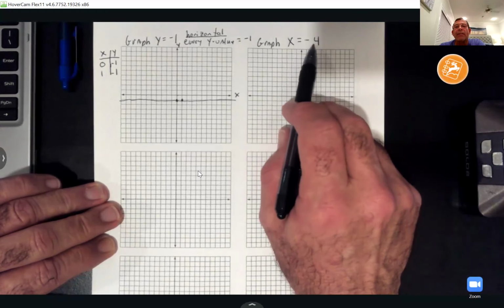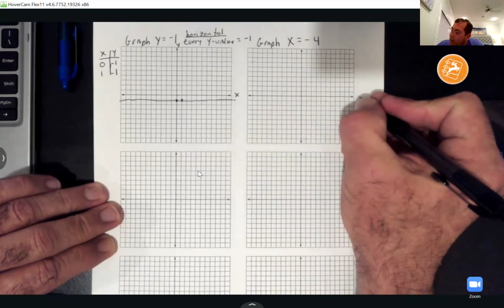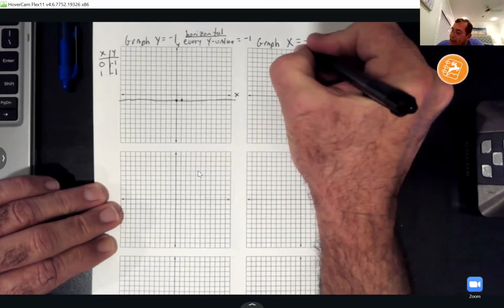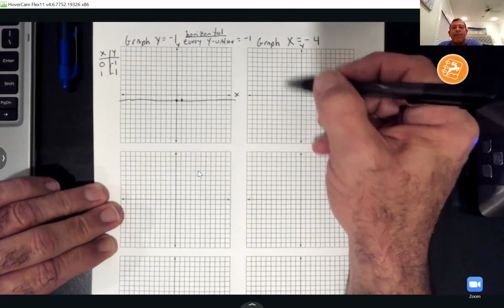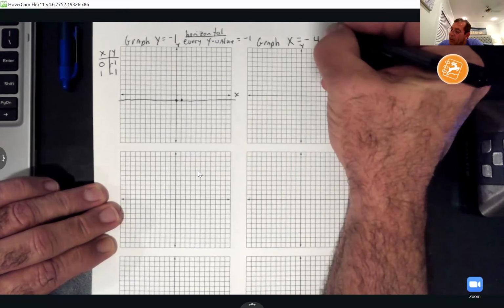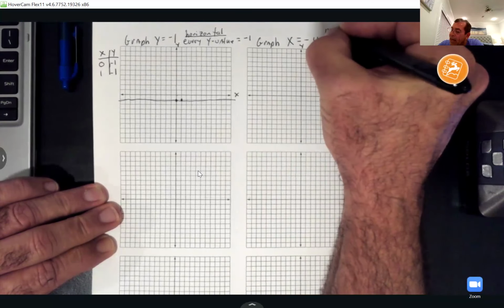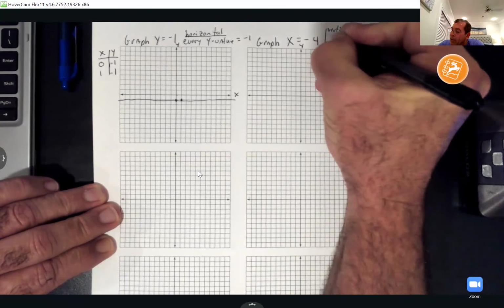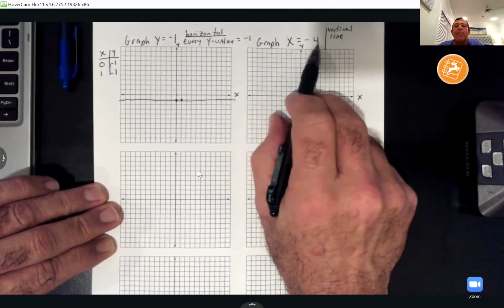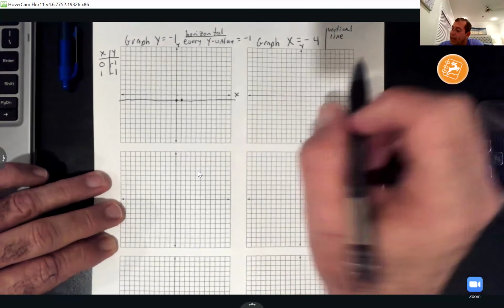Every x value has to equal -4. So remember, here's my x-axis and my y-axis. So if every x has to be -4, that means that this is going to be a vertical line. Okay, so every x has to be -4.